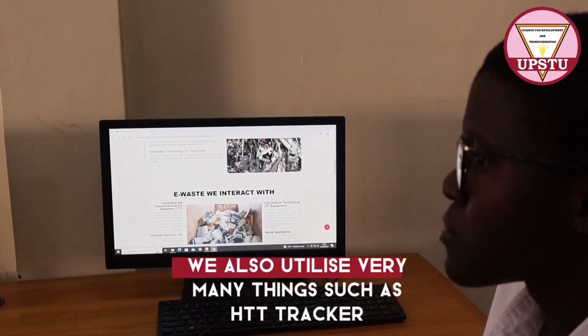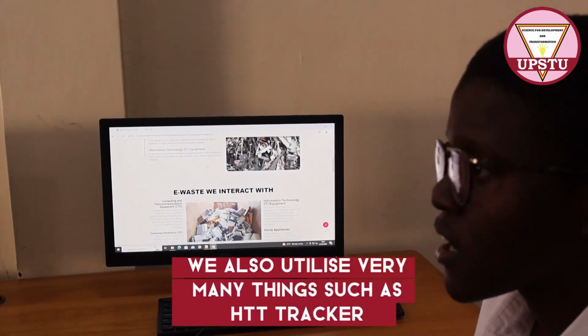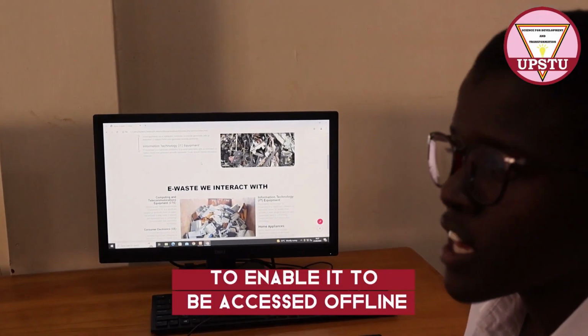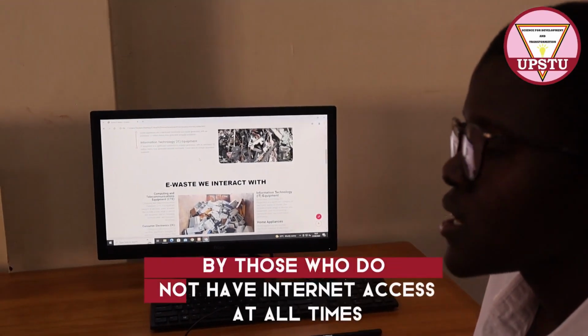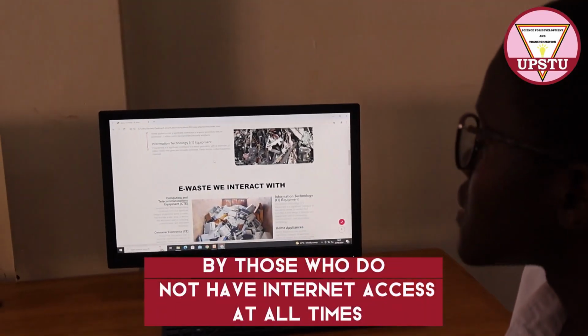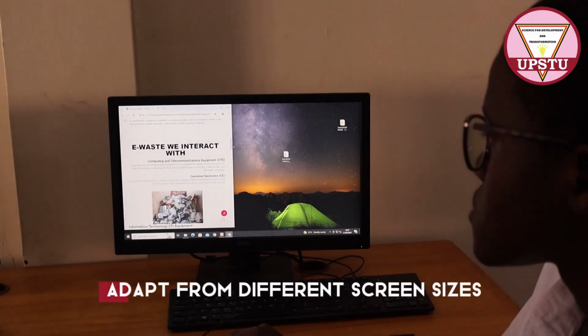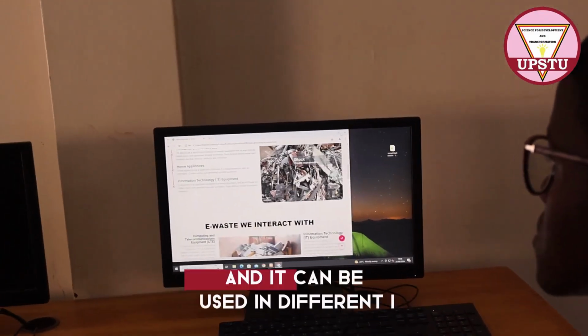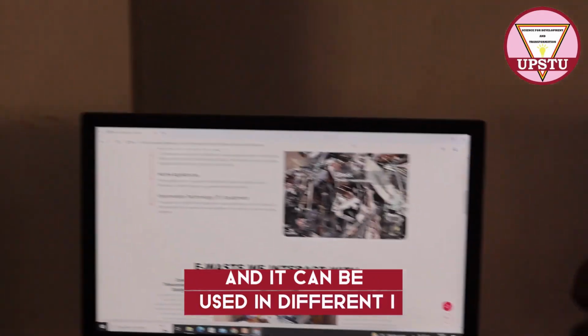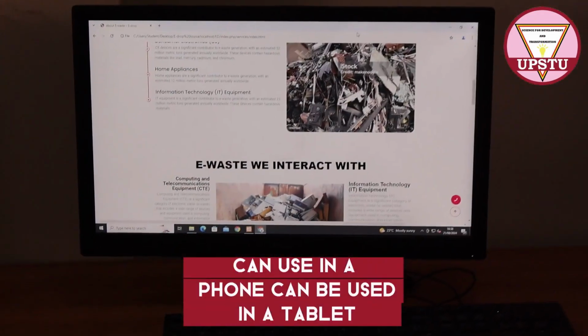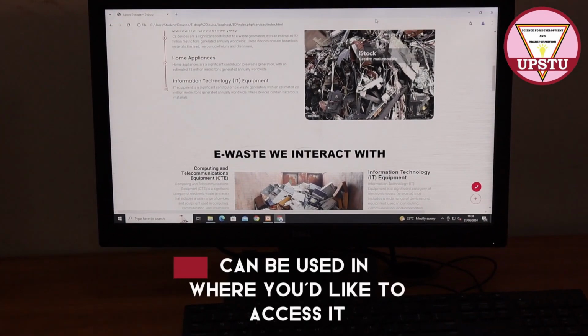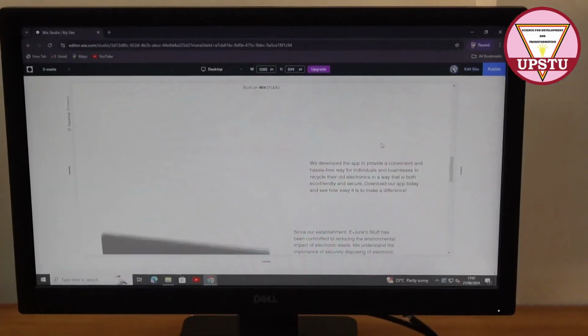We also utilized very many things such as HT Tracker to enable it to be accessed offline by those who do not have internet access at all times. And it is meant to be versatile as it can adapt to different screen sizes, and it can be used in a phone, in a tablet, in a computer, anywhere you'd like to access it.